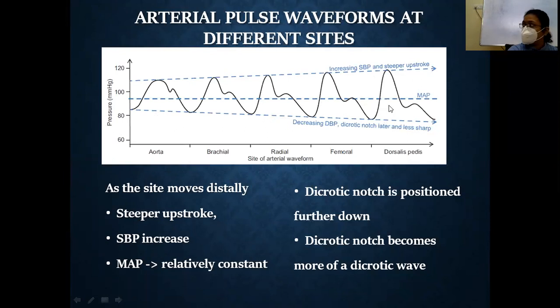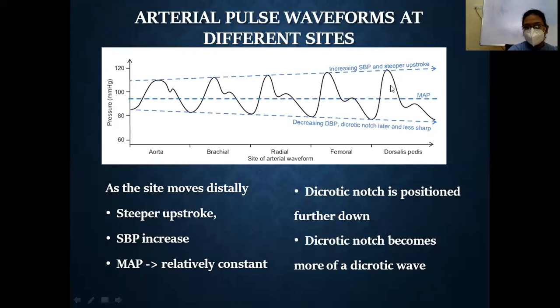Okay, at the tip of the finger, when we had kept the sensor, the arterial waveform was typically like this. This you would get at the level of aorta. So at the distal, you see the anacrotic limb is steeper.